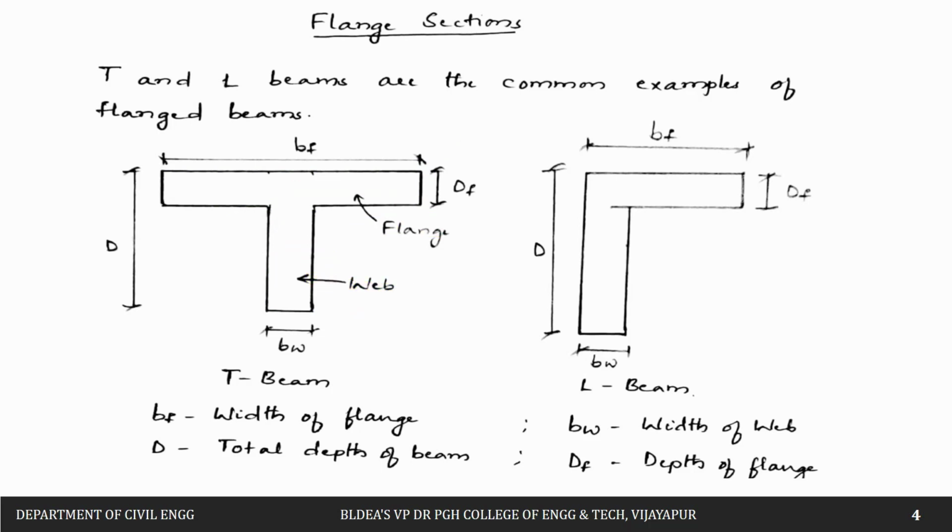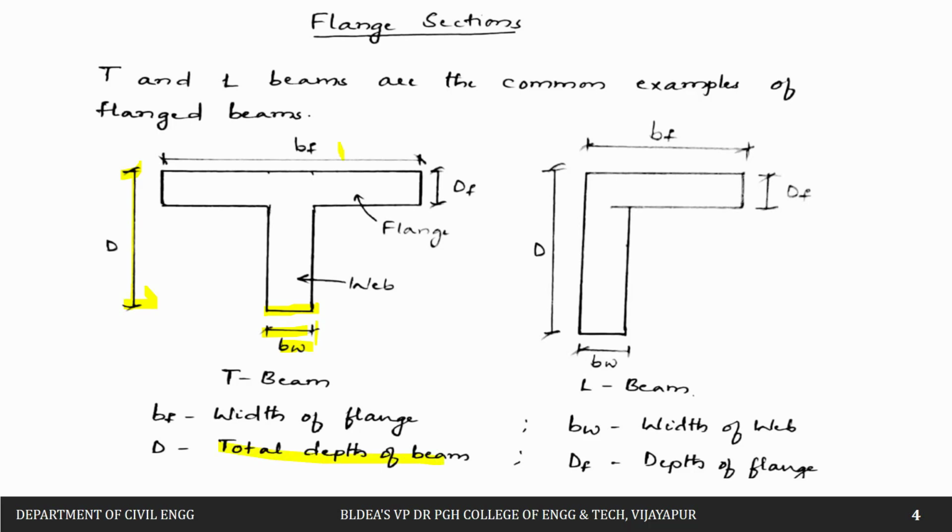Usually for width we write B, and for depth we write D. As this is a flanged section, we write BF for the width of the flange and DF for the depth of the flange. For the web we denote BW, that is the width of the web. And capital D is the overall depth, or total depth, of the beam.